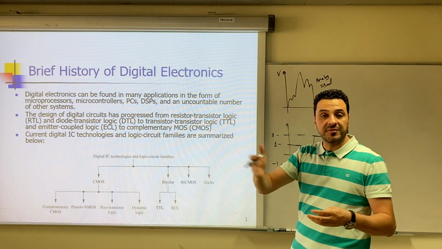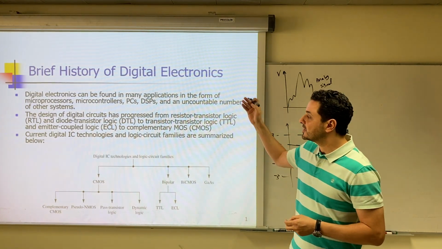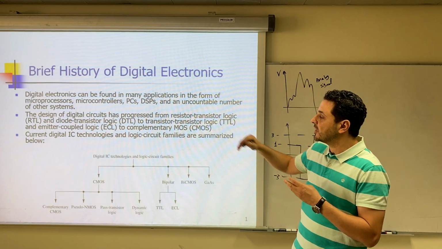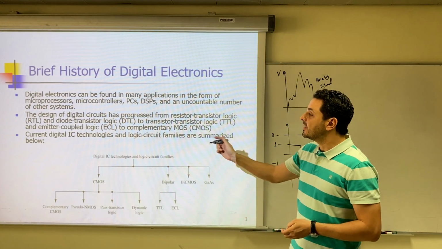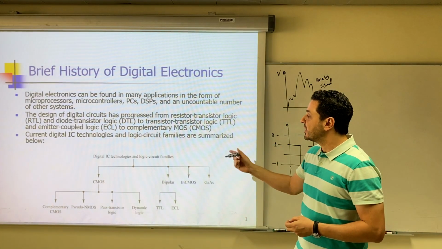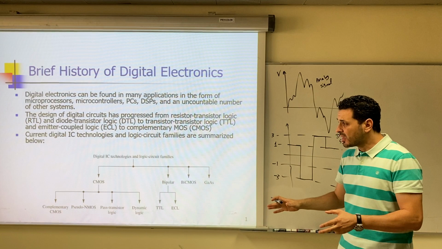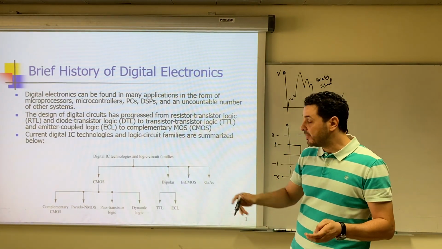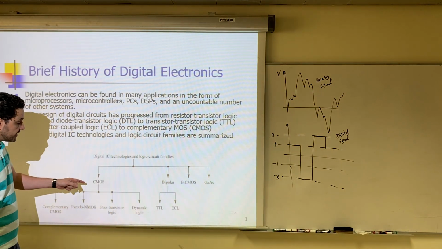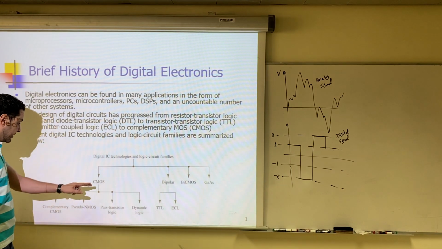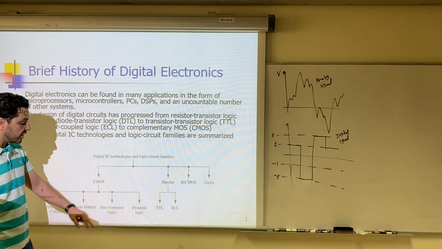All of these are different families or different designs of logic gates. RTL, resistor-transistor logic; DTL, diode-transistor logic, designed based on diodes and transistors. With TTL, they designed the whole logic gate based on transistors, and then emitter-coupled logic appeared, and then complementary MOSFET, or basically CMOS. Currently we can classify the different logic families according to this tree, where we have some logic gates based on the MOSFET, such as complementary MOSFET logic, pseudo NMOS, pass transistor logic, and dynamic logic.